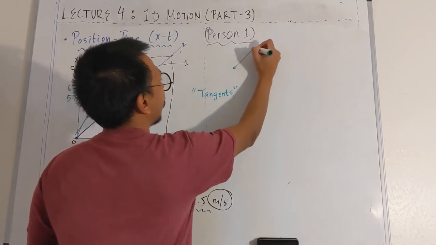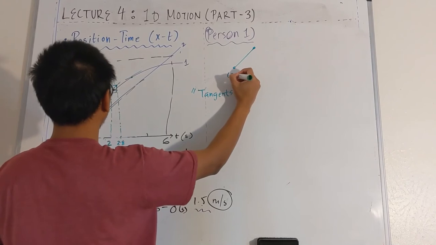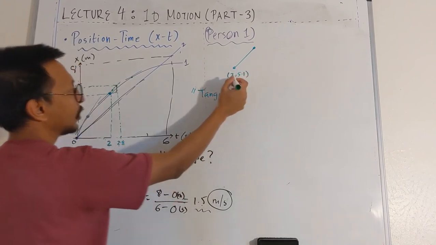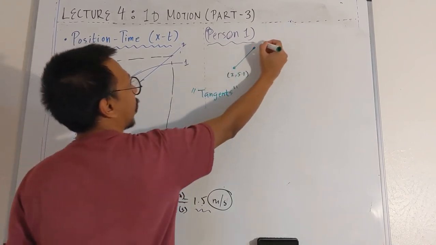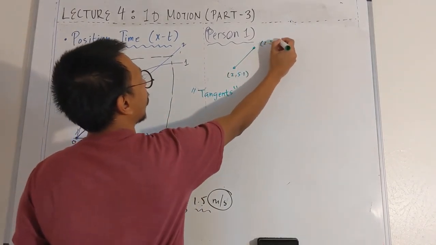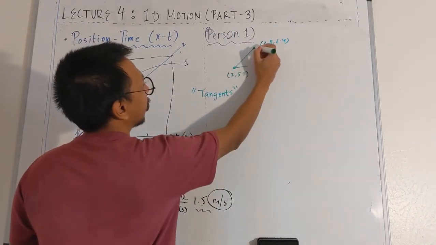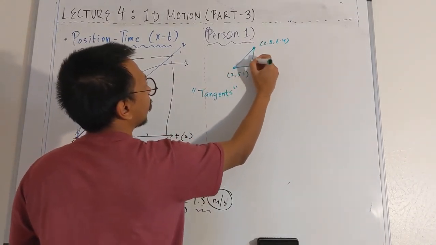So we have established our 2 points. First point is (2, 5.1), and notice that the x coordinate always comes first, the y coordinate always comes second, and the second point is (2.8, 6.4). So we want to find this slope.